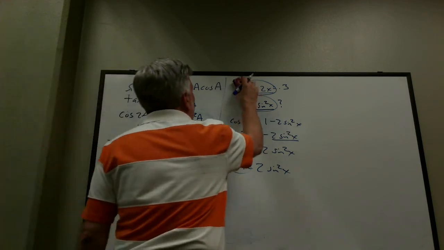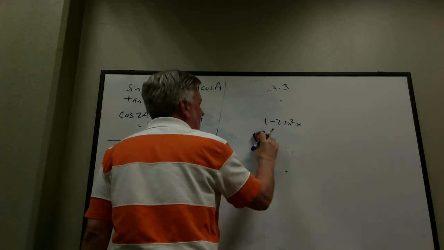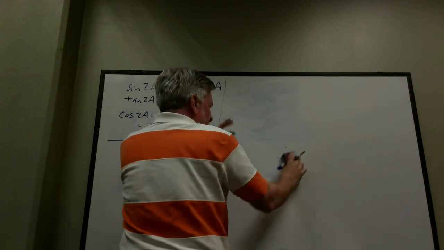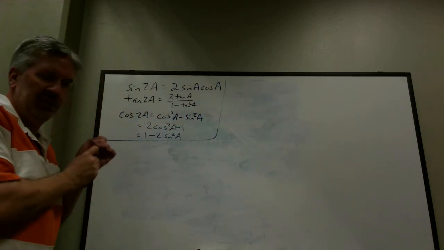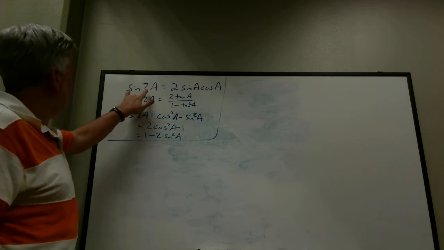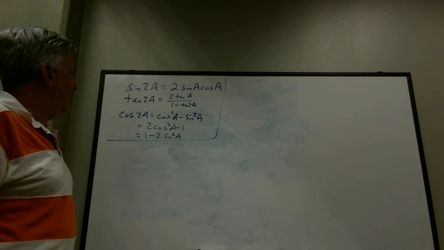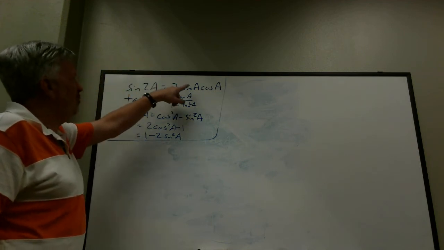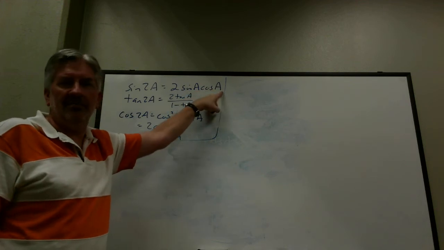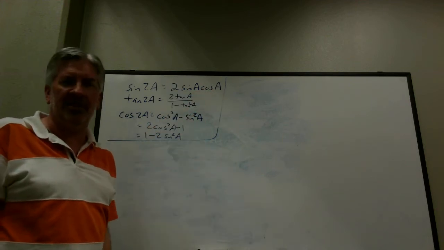Okay, now before we get to the next examples, let's talk about what these identities do for us. We prove them, and I've used them as one example here. Right? What do these identities do? Okay, so sine of 2a is equal to 2 sine a cosine a. So what this does for you is, suppose you know a lot about angle A, you know the sine, the cosine, what quadrant it's in, various information.